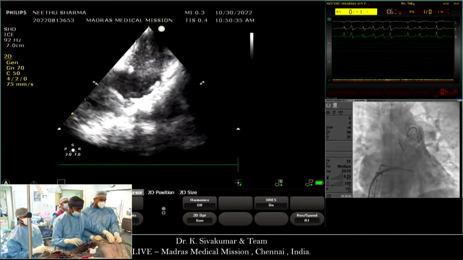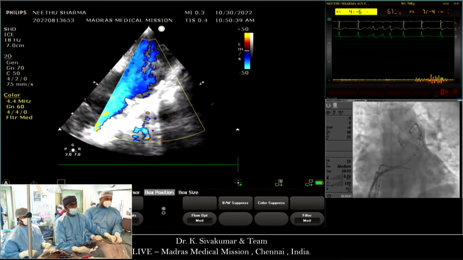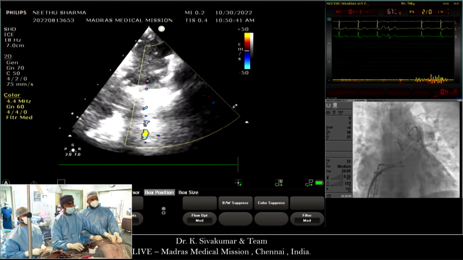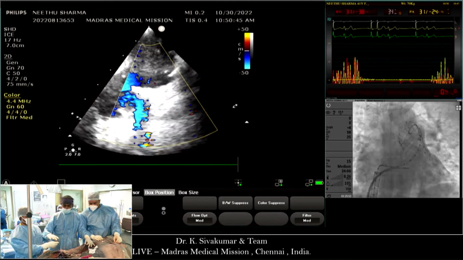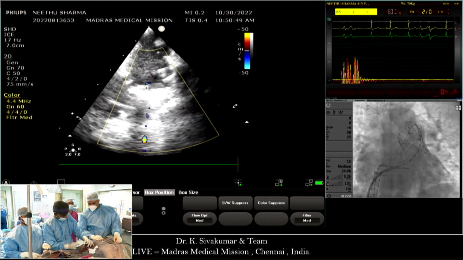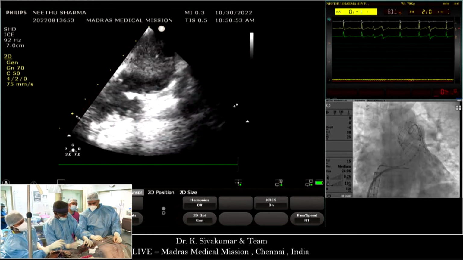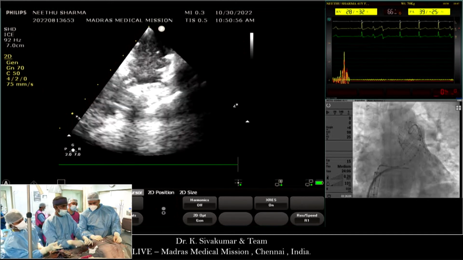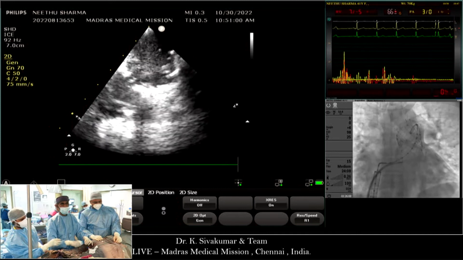Color. I will do one thing. I will take out this pigtail. So this is the intracardiac echo. I'll take out the pigtail so that the pigtail doesn't affect the images. Alka, you can do an echocardiogram. There's a paravalvar leak with the ice.